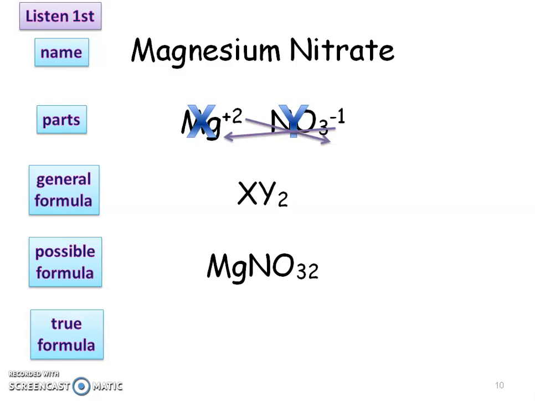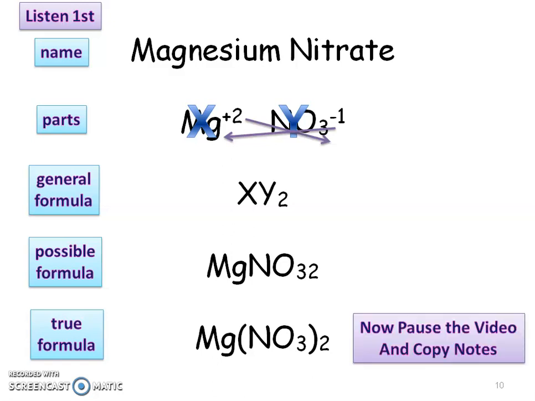So, what do you think we can do to make sure people understand that we only need 2 nitrate components? Did parentheses come to mind? So now with the use of parentheses, we can have 1 positive part and 2 negative parts, and the parentheses are telling me that I need 2 nitrate polyatomic ions in my compound. All right, we're going to do a bunch more, so don't you worry.